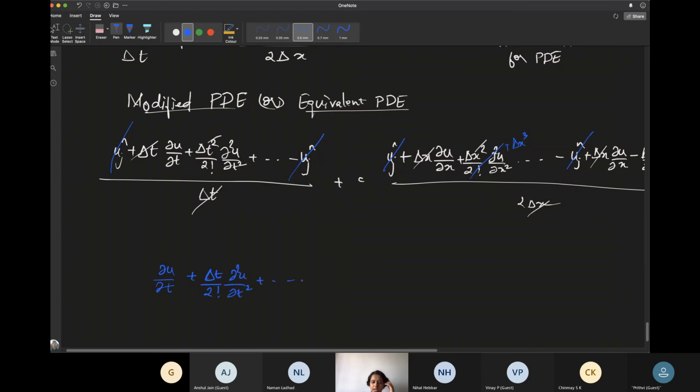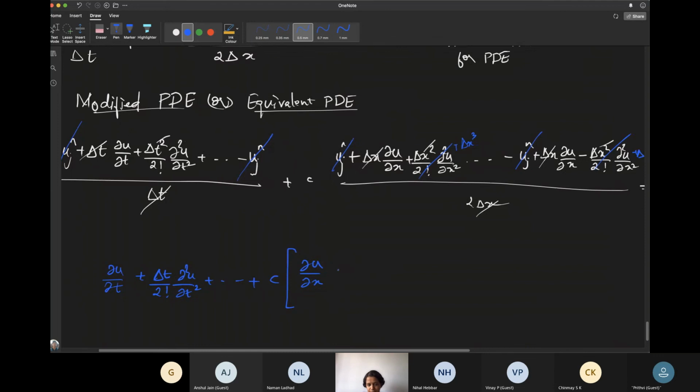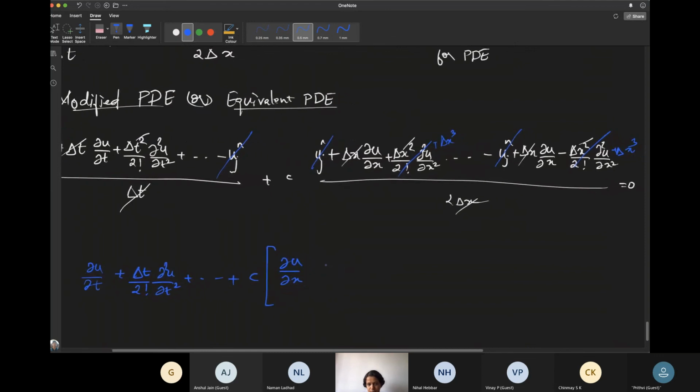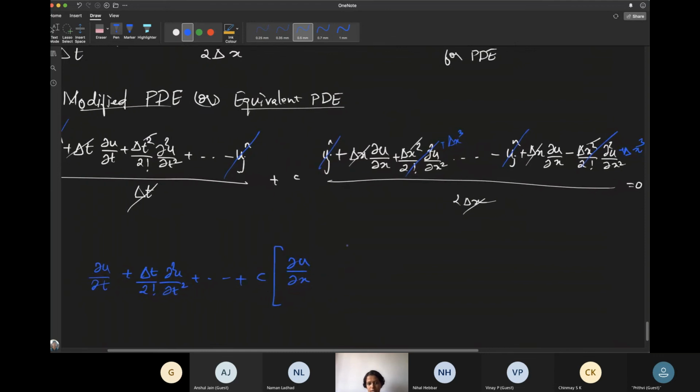So this is the actual equation that you're solving for, plus some term of order delta x squared.